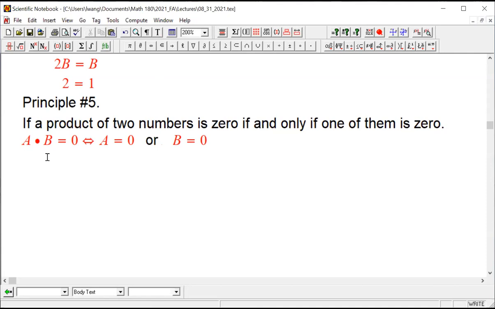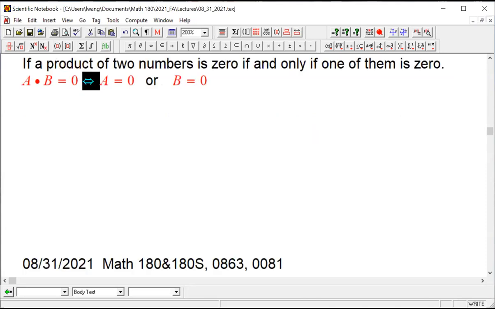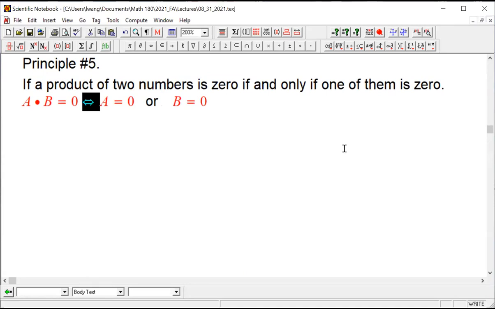You can see this arrow is like a two-way street. You can move from left to right or right to left. So this principle involves two sentences implied.